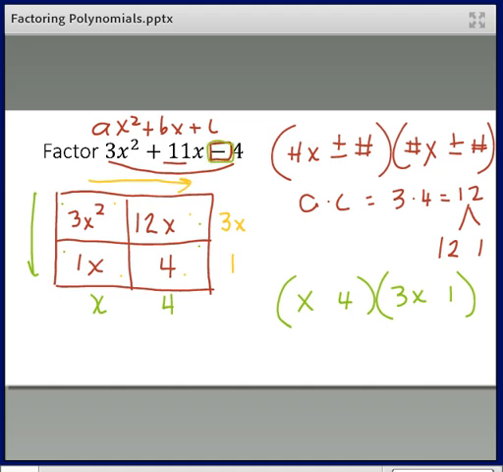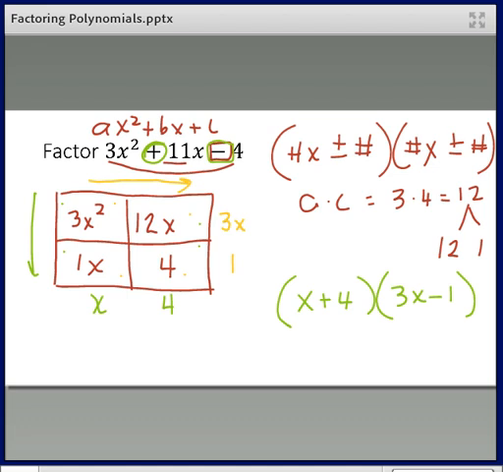Now again, I have to look at this last sign first. Since it's negative, that means the signs have to be different. And I have to kind of guess on this rule because it doesn't work all the time, but I still like to start off putting that one in front of the larger of the numbers. Since 4 is bigger than 3 or 1, I'll start off putting the plus sign there, the minus sign there.